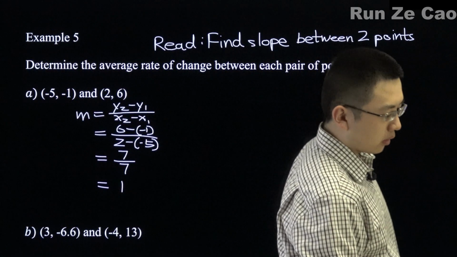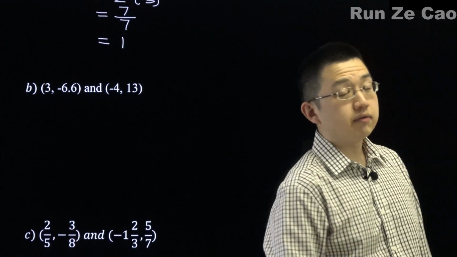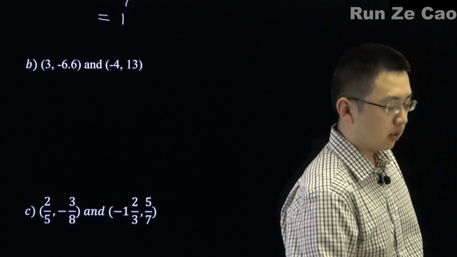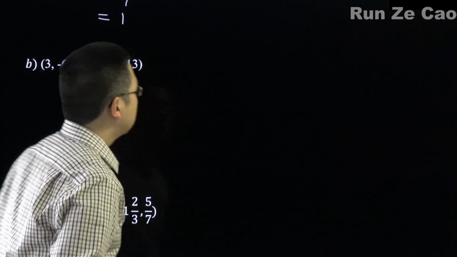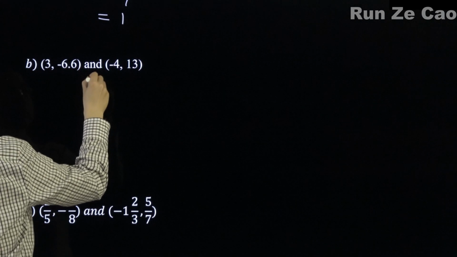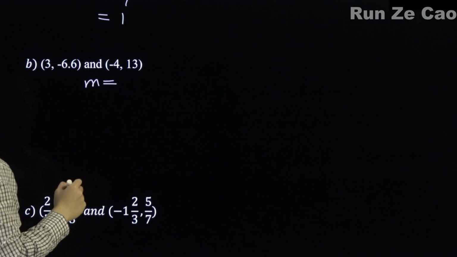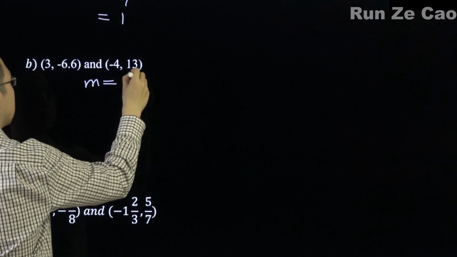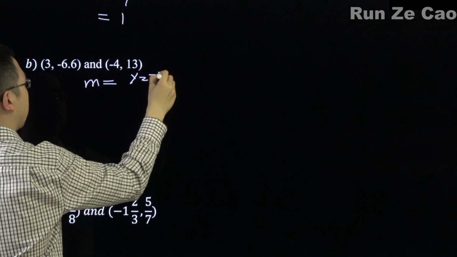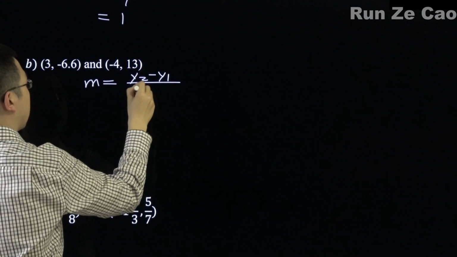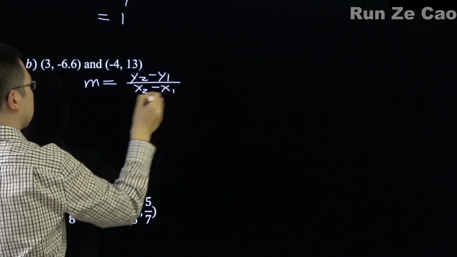Now, often we have numbers that aren't quite so neat, such as here, where we have m equals y2 minus y1 over x2 minus x1.